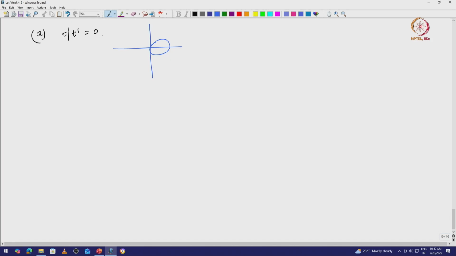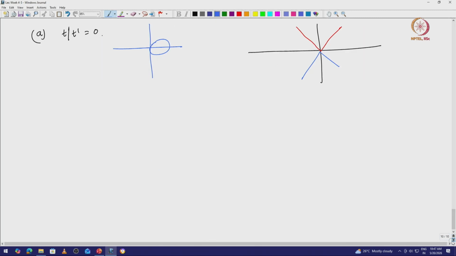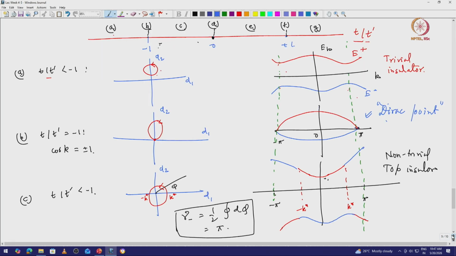Again you will have a Dirac point, but now you can almost anticipate where the Dirac point will happen. It will happen at this point. So, this point is sort of closing in.